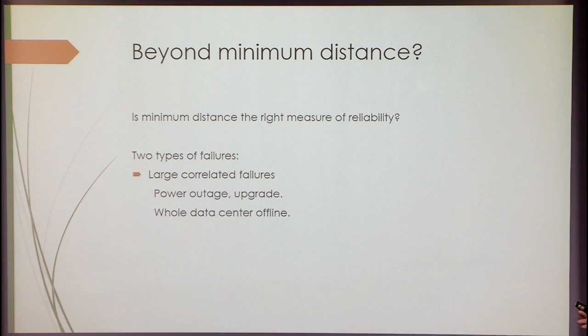Like all of these are sharing the same power source that blew up, or they are sharing the same network switch and something happens, and so on. Even more dramatically, and a lot of storage systems now do this, they have data centers in different geographic locations, and you could imagine that for some reason, maybe a whole data center goes offline.